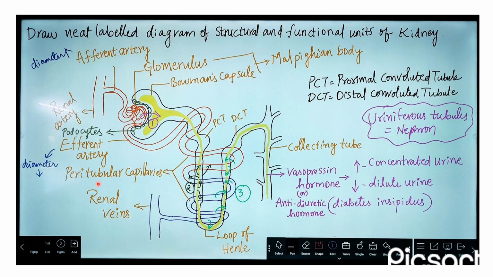That means these peritubular capillaries are reabsorbing whatever important materials are present in the urine back into the blood. Unless they are essential, they will not be reabsorbed, right? So this process is called tubular reabsorption.